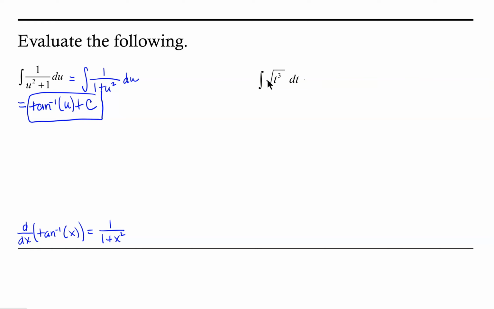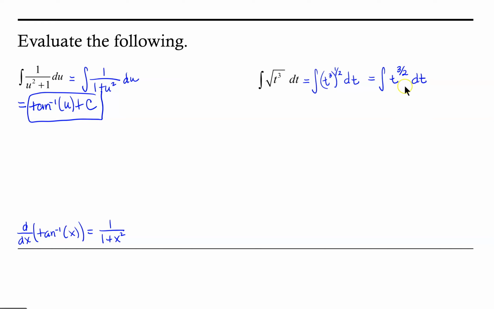So doing that, we will have the integral of t cubed to the 1/2 power dt. And then by properties of exponents, we multiply those two exponents and we get t to the 3/2 power as our integrand. So we have the indefinite integral of t to the 3/2 power dt.